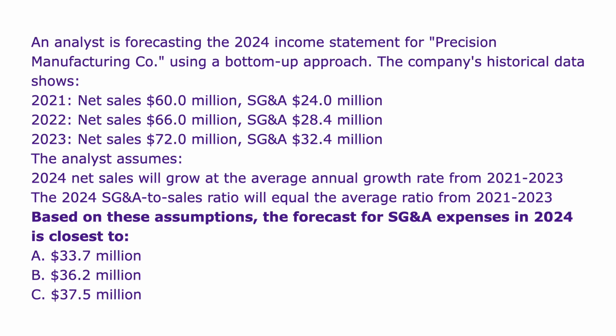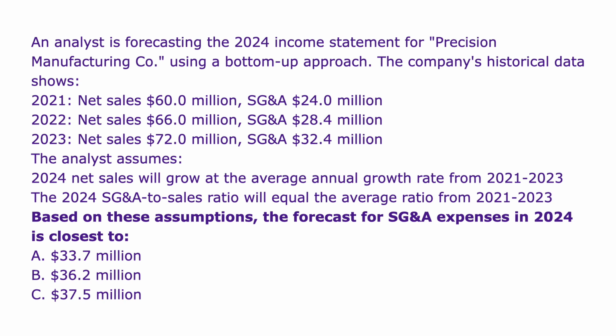The analyst assumes 2024 net sales will grow at the average annual growth rate from 2021 to 2023. The 2024 SG&A to sales ratio will equal the average ratio from 2021 to 2023.